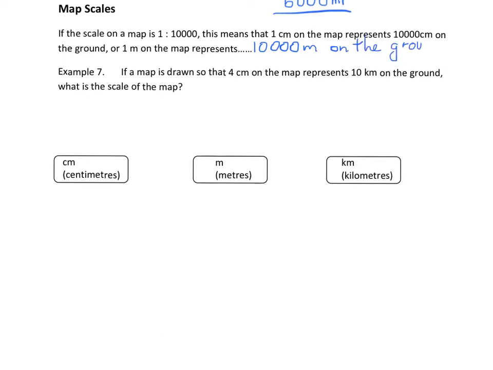Remember, when we're given ratios, then we assume that we're comparing the same set of units.